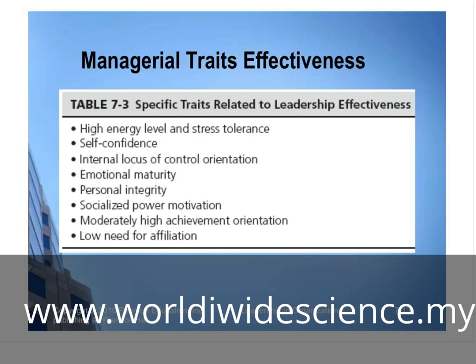A very good explanation, Mr. Aziz. Yes, it's more our brain's techniques and methods in order for us to learn and understand. So emotional maturity, personal integrity, socialized power motivation, moderately high achievement orientation, and low need for affiliation.